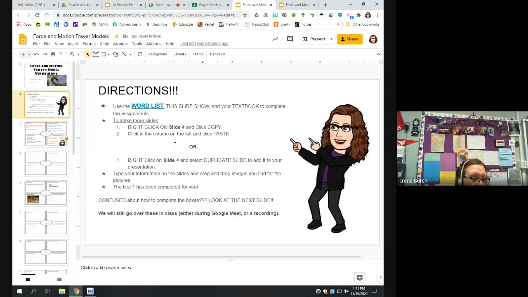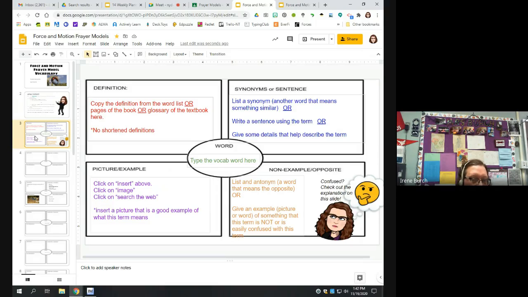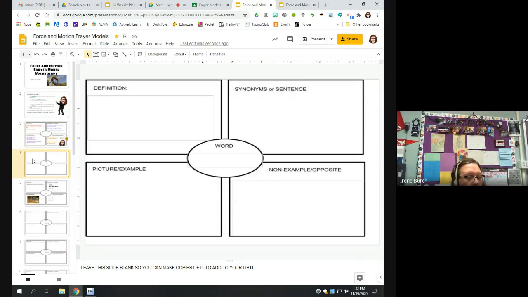I gave you some hints here on the second slide about how to make copies of the blank slide that I've made for you as a format. If you forgot what goes in each of the boxes, you can look at slide number 3, and I've put instructions there. You will want to leave slide 4 blank.